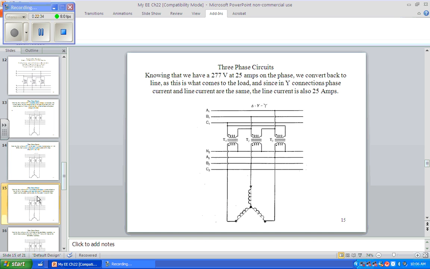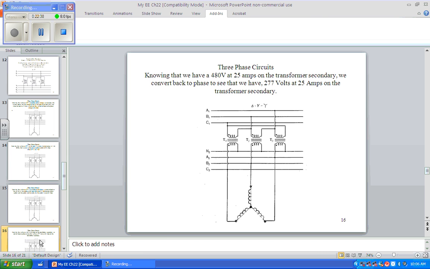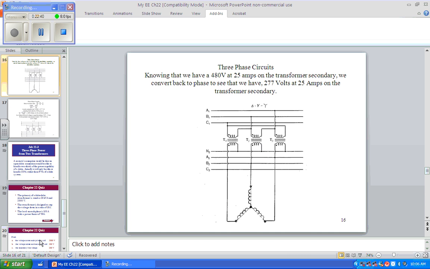And what kind of output do we have on our transformer? We have a Y. You can see where all of the neutrals are tied together. They should be taken over here and grounded, because all these windings are tied together on that side.